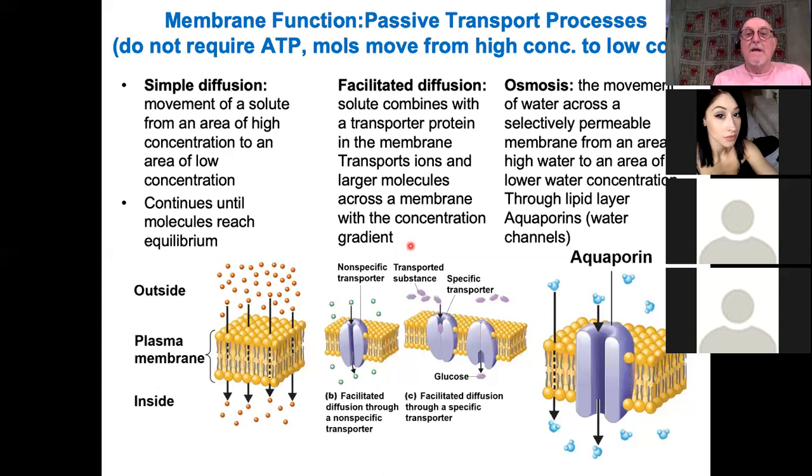So here is, for example, a protein. It's a protein transporter. In this case, it's a non-specific transporter. It may transport a wide variety of anions across the membrane, something like that.